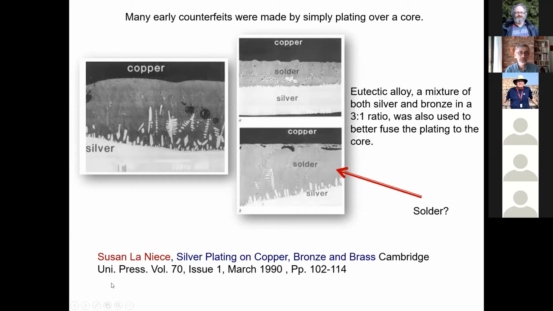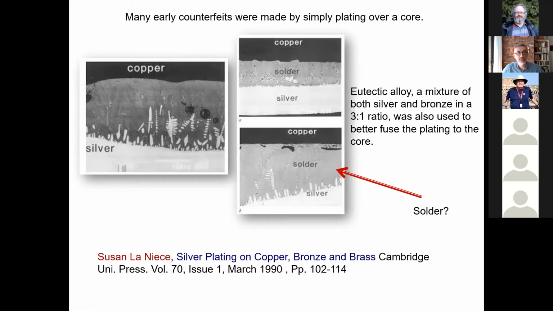One is really particularly interesting by Susan Lanice, I guess. The name of the article is Silverplating on Copper, Bronze, and Brass. And she provides some cross sections of the coin that she studied.